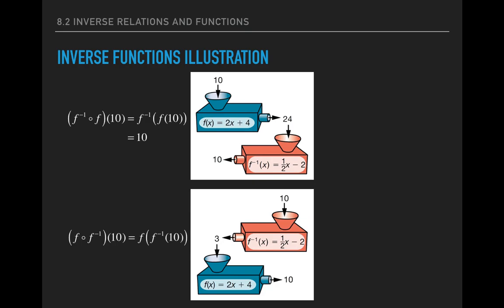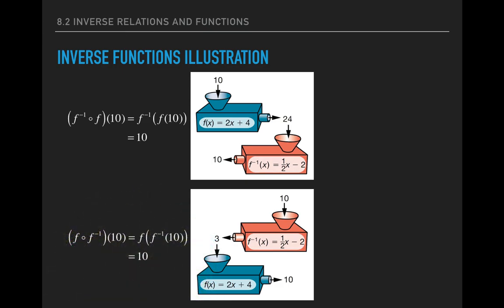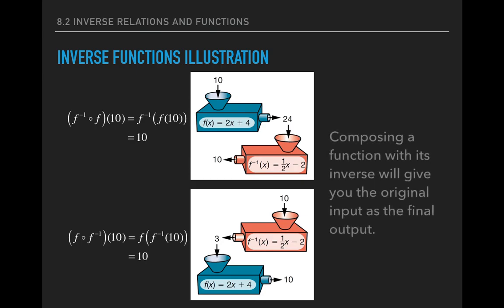So that would be 2 times 3, that's 6, plus 4 gives you 10. And again, all the work that was done is essentially undone, and the output is exactly what you put in. These inverses, when composed, undo each other. So composing a function with its inverse will give you the original input as the final output. And that is all.